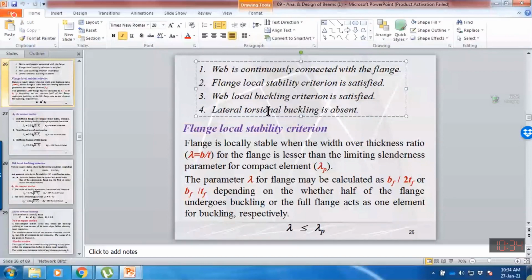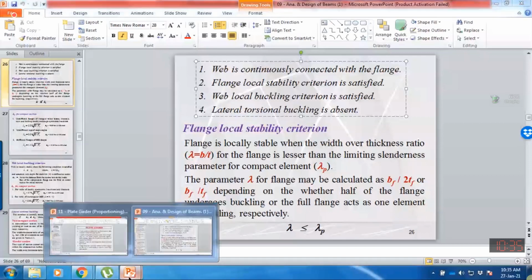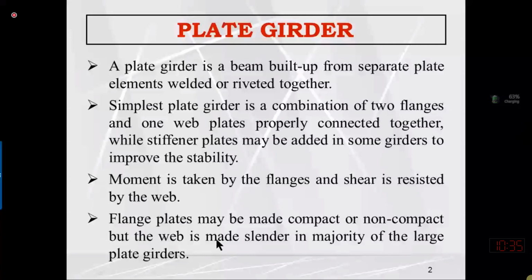If the unbraced length is more than Lr, then our section will be slender. But in case of the plate girder, our section may be compact or non-compact based upon flange local buckling and web local buckling. So these are some differences from the hot rolled section. In case of the plate girder, our flange plates may be compact or non-compact, but they may never be slender.